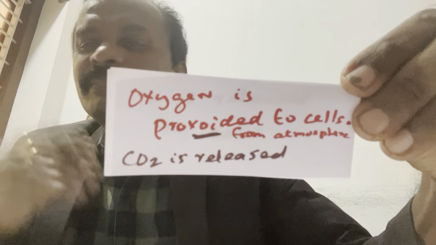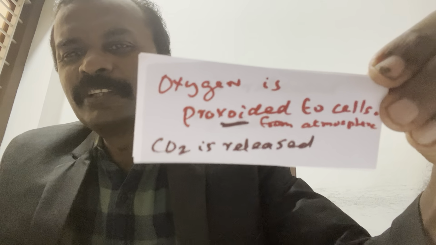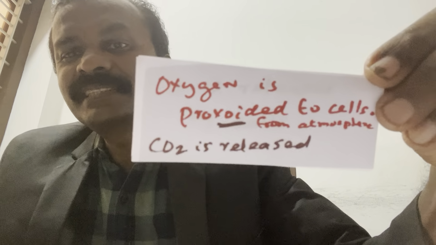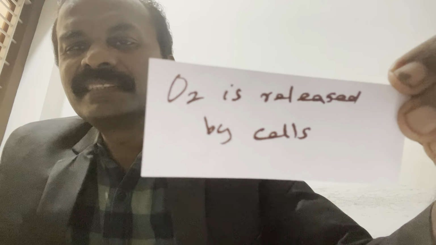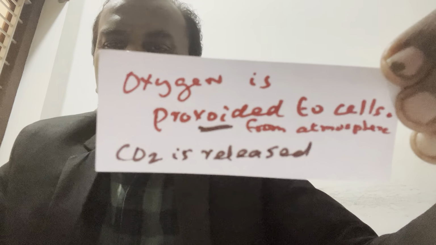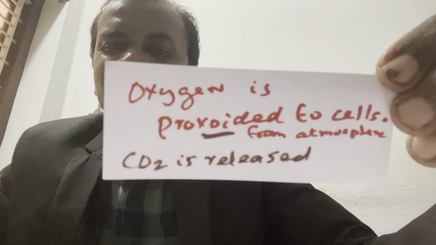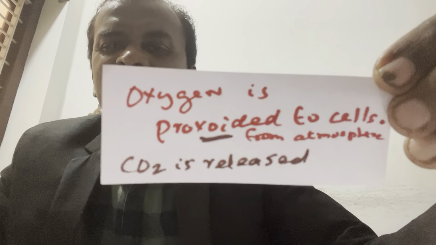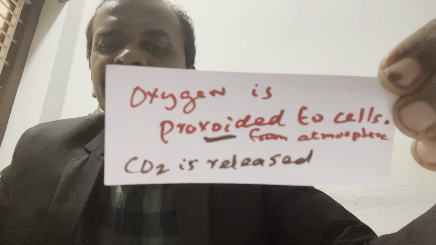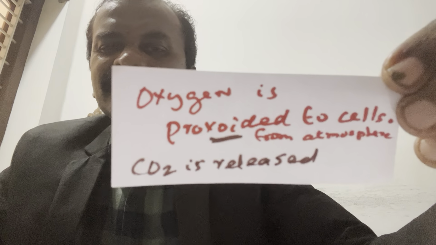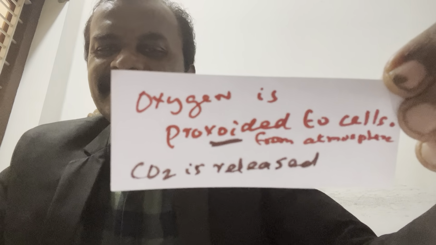See what they have given? Oxygen is released. It is a wrong statement. The correct statement is: carbon dioxide is released. Oxygen is provided to the cells from the atmosphere.